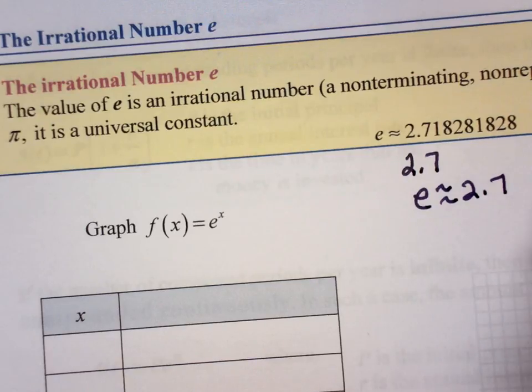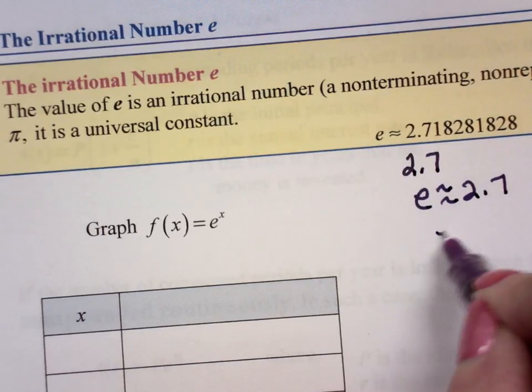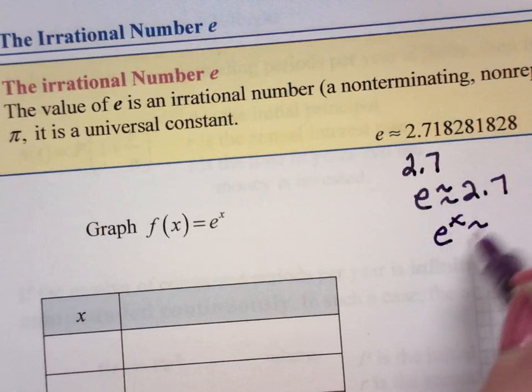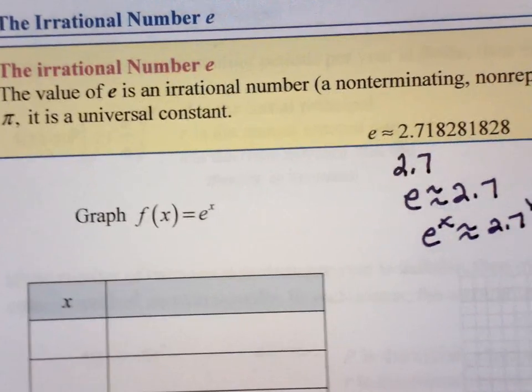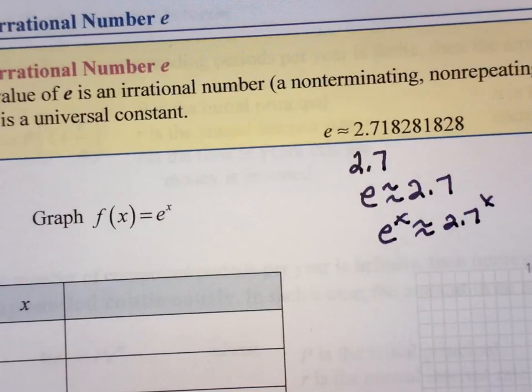So if I were looking at e to the x, it's approximately 2.7 to the x. So it's an exponential, just like any other exponential. You don't treat it any differently.